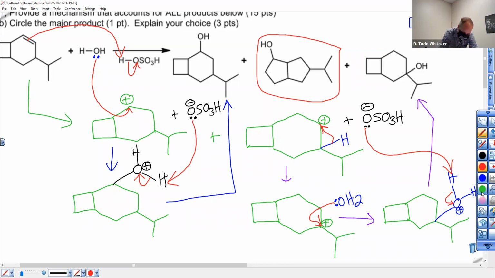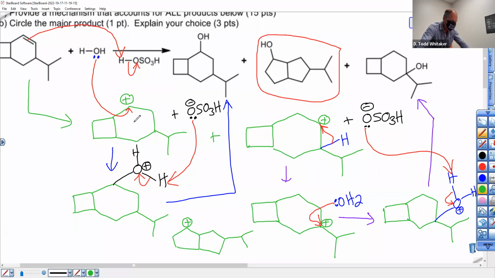And guys, if you're stuck on rearrangements, which can happen, do we agree that that second product can only come from this carbocation, regardless? Look at the cation. How do you know that's the only cation that can give this alcohol? It's got the positive where the O ends up.